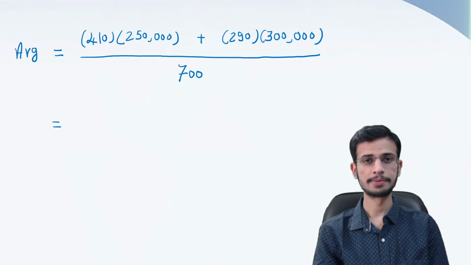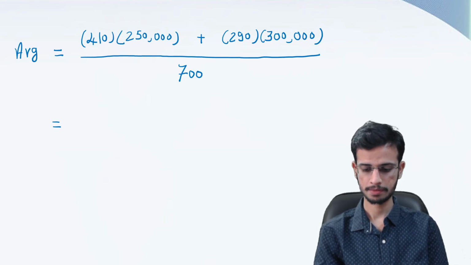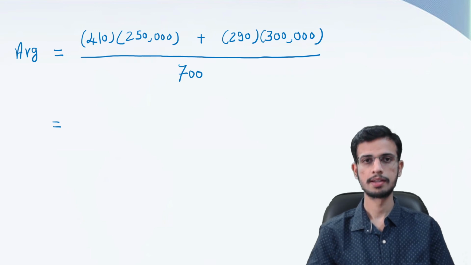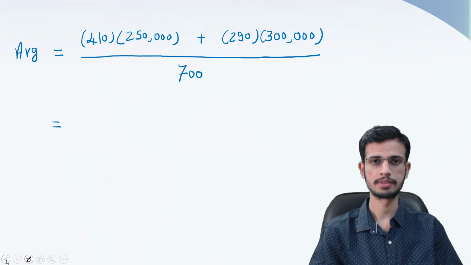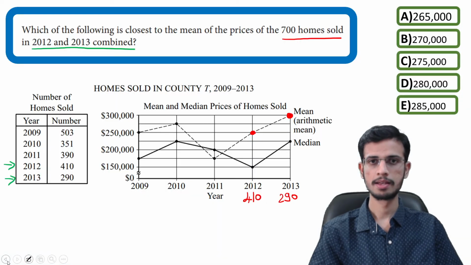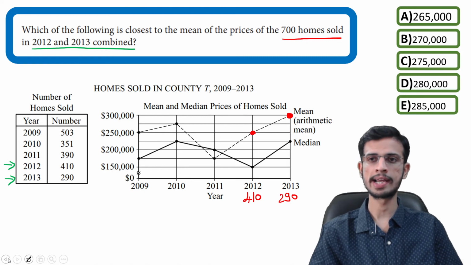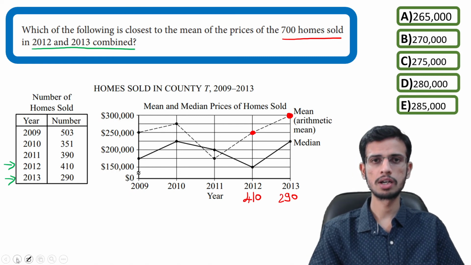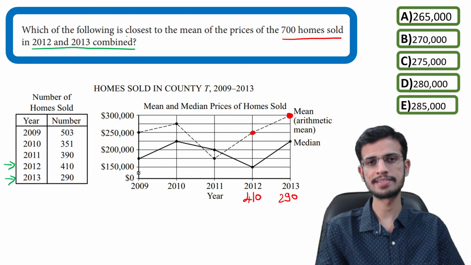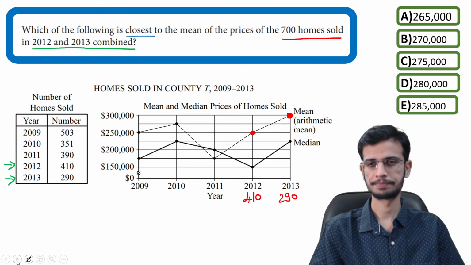Let's see what the correct answer is. Option A is 2,65,000, option B is 2,70,000, then 2,75,000, 80. So we have to choose the closest option, right? They have mentioned that we can choose the closest option.